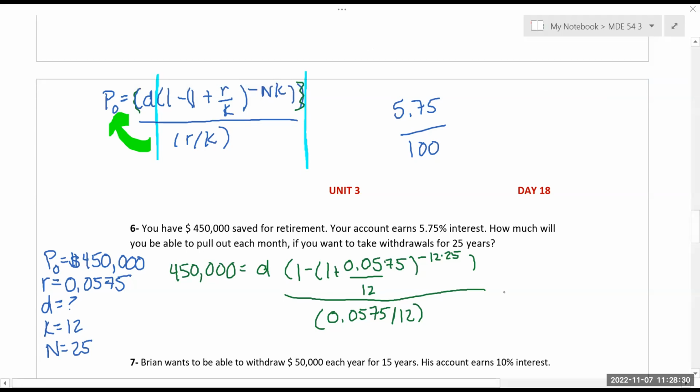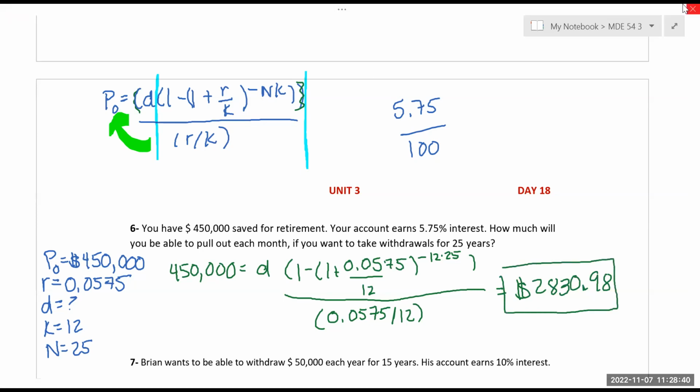So my answer ends up being 2830.98. So this particular retirement account, he can take that out monthly.